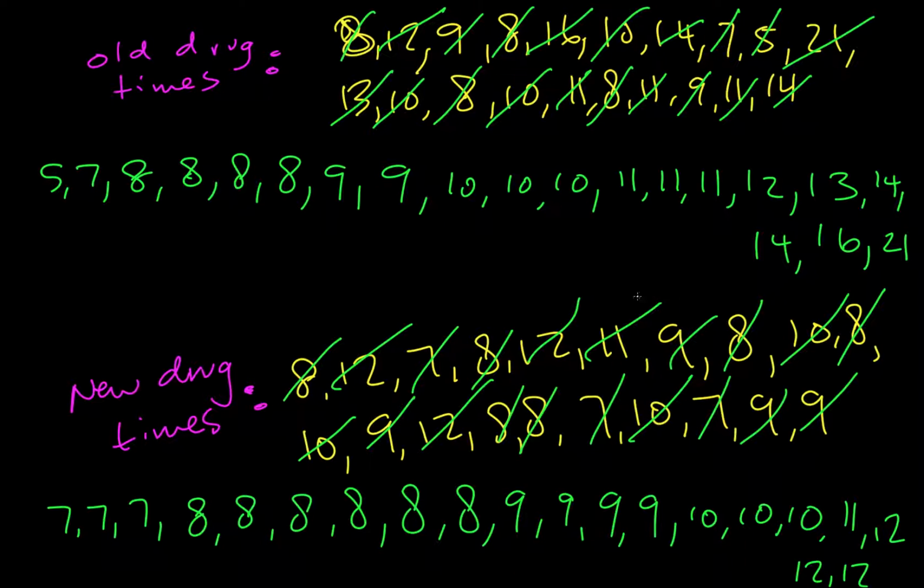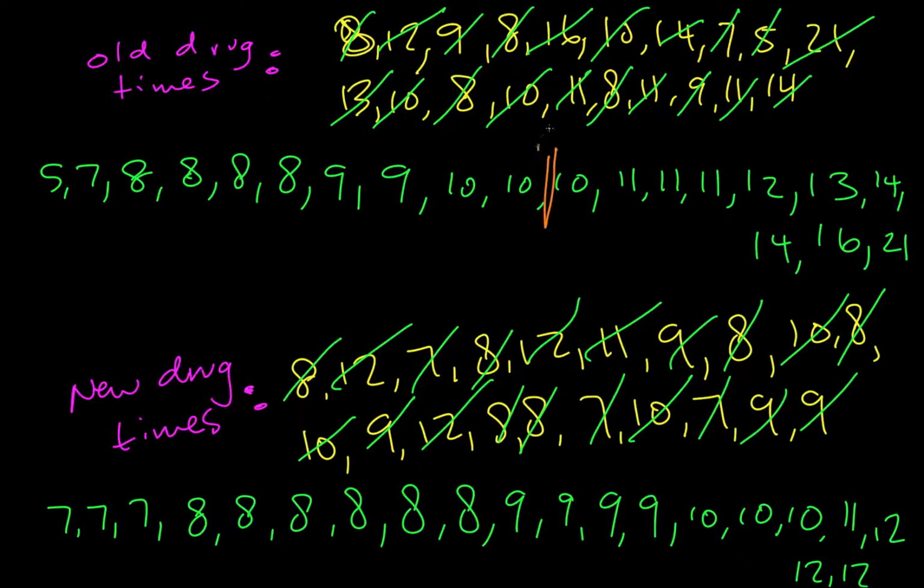Now, the reason why we did that is because we want to do a box and whisker plot, and we need to get the information for all of this. So there are 20 values, so 10 and 10. So 1, 2, 3, 4, 5, 6, 7, 8, 9, 10.